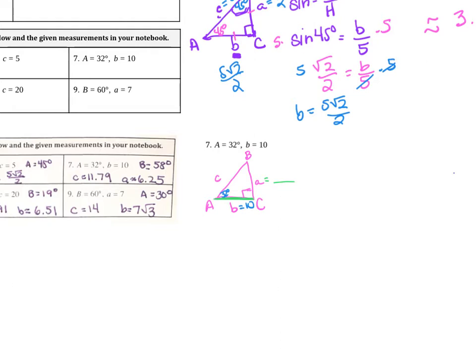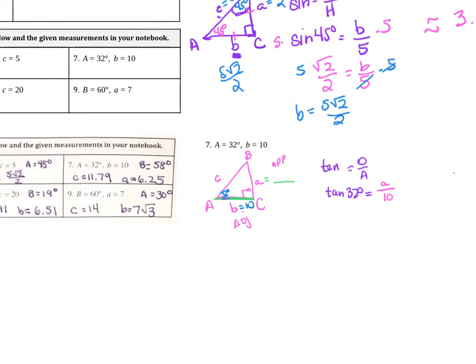So let me just write that real quick. Opposite over adjacent. What ratio is opposite over adjacent? That is tangent. So let's look at tangent of 32 degrees is opposite. Our opposite is A, right? And this is adjacent. So we have lowercase a over B, which is 10.